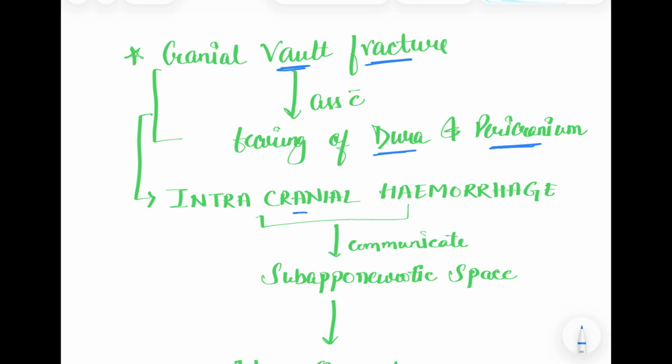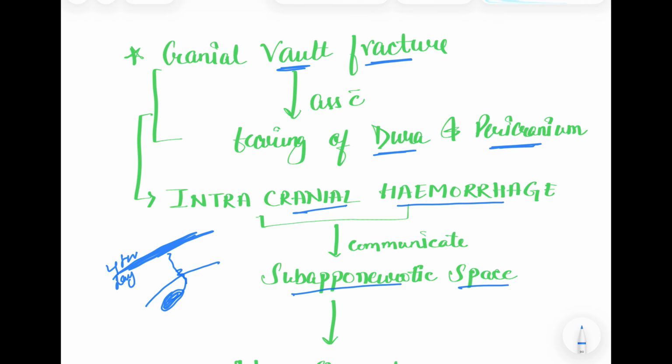And hemorrhage is going to occur, which is the intracranial hemorrhage. So the vault has been fractured, so the hematoma is formed over here. Now the blood is going to seep out through this fracture, going into the fourth layer until this layer is filled. It will lead into the subaponeurotic space.